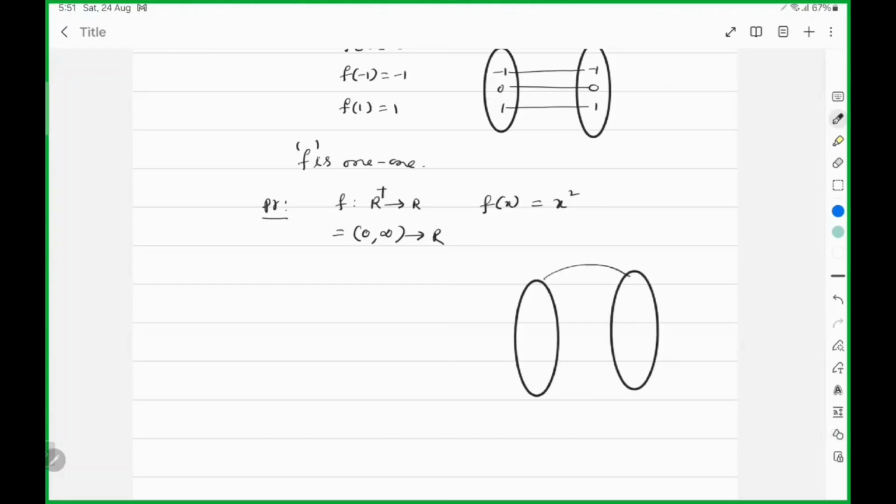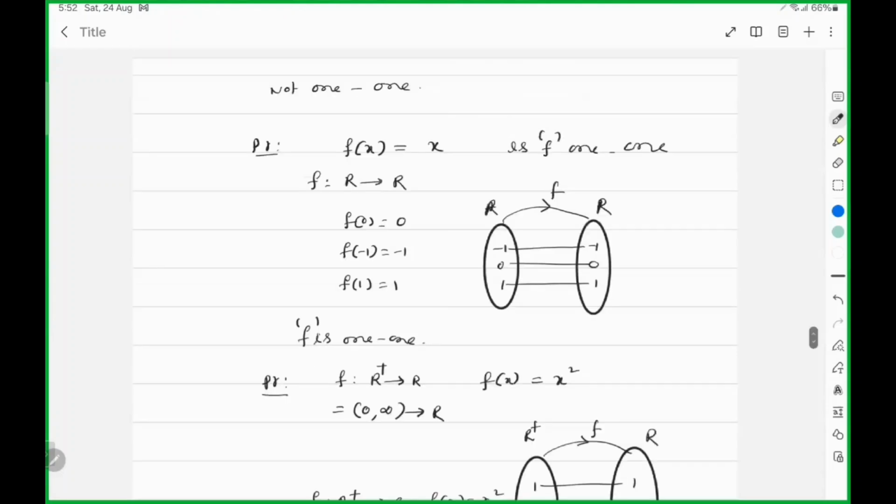Here you have a mapping of R plus to R. 1 gives 1, 2 gives 4, 3 gives 9, 4 gives 16. Element changes, image changes. So this function is obviously one-one.